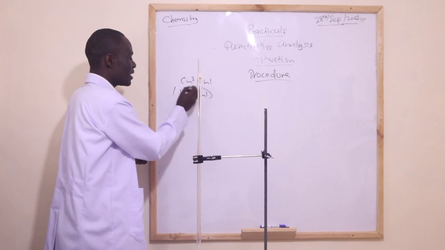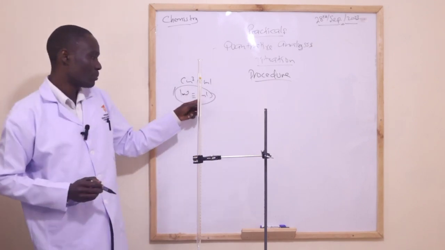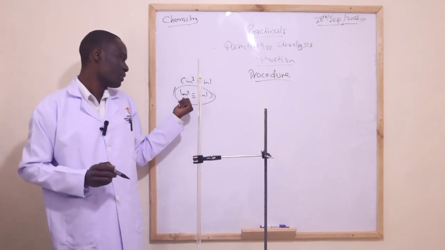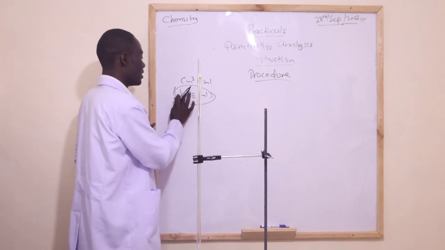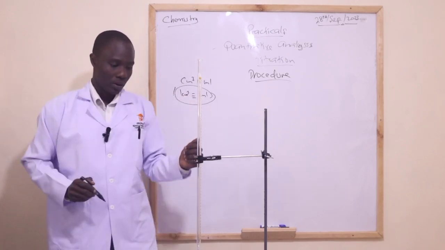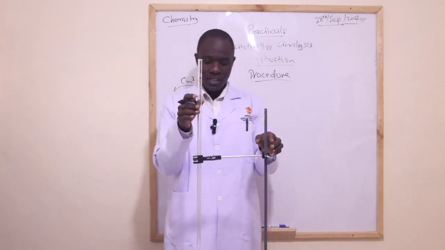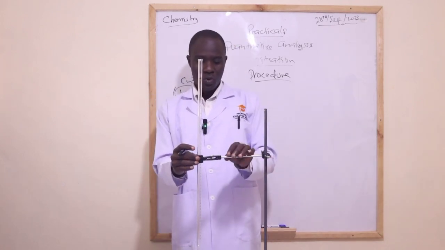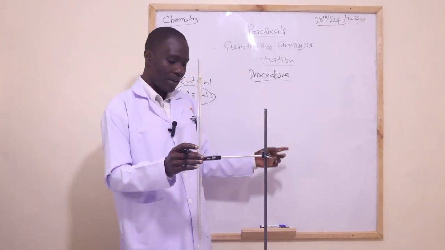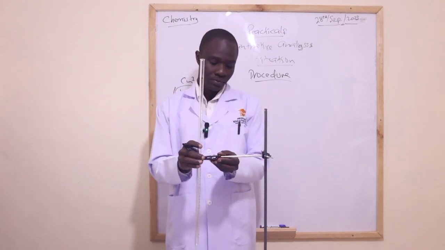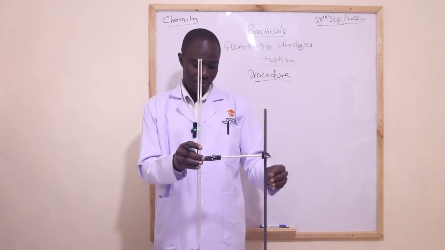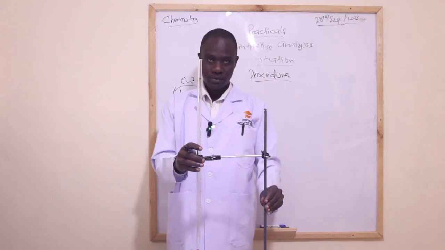So this is the value that we'll be using, but in most cases we'll be using the cubic centimeter. Now, the burette works together with the round support and the clamp stand, as you can see.